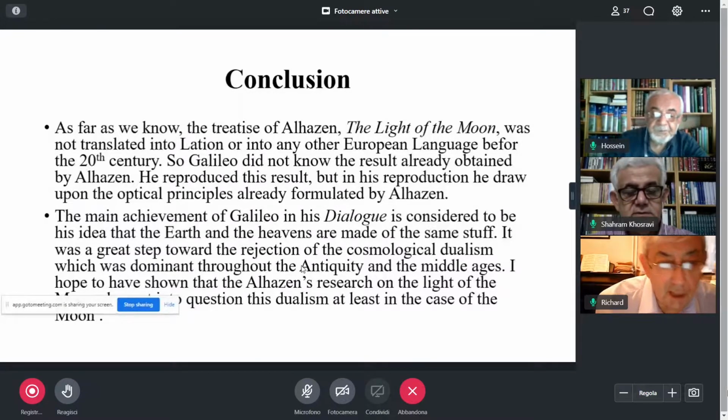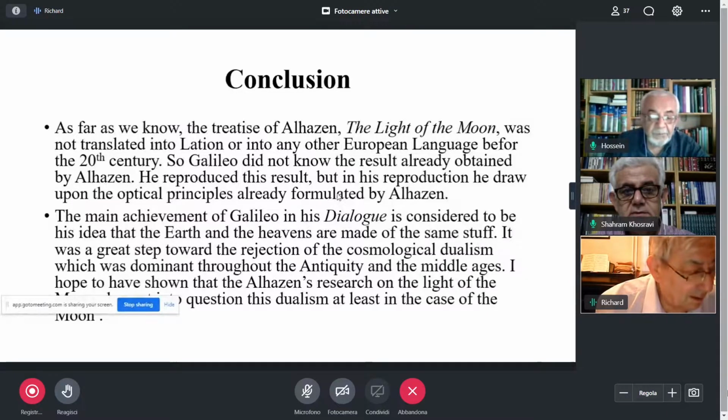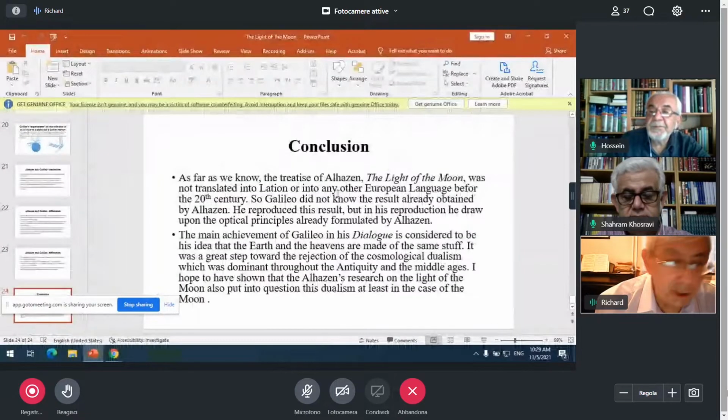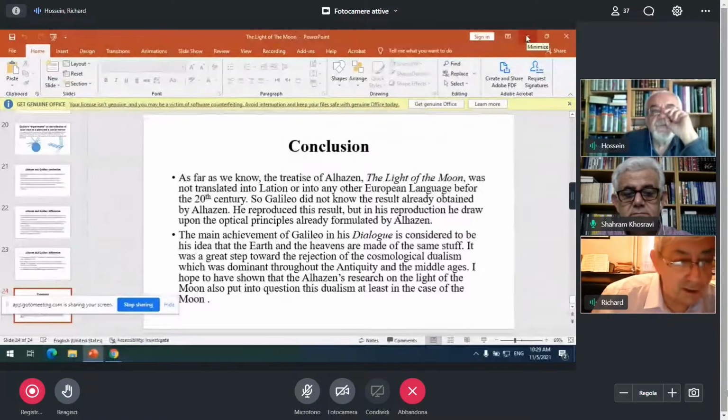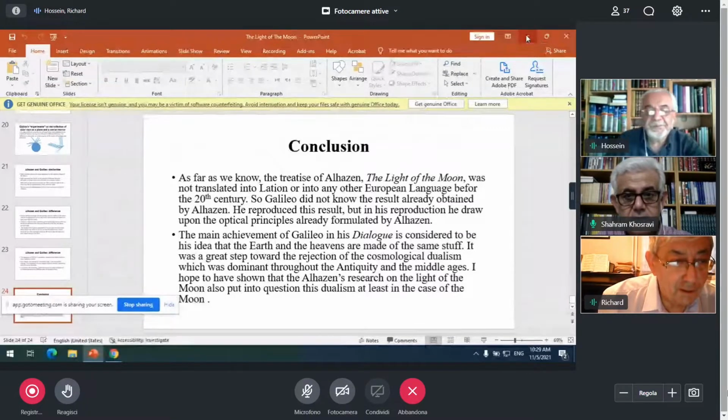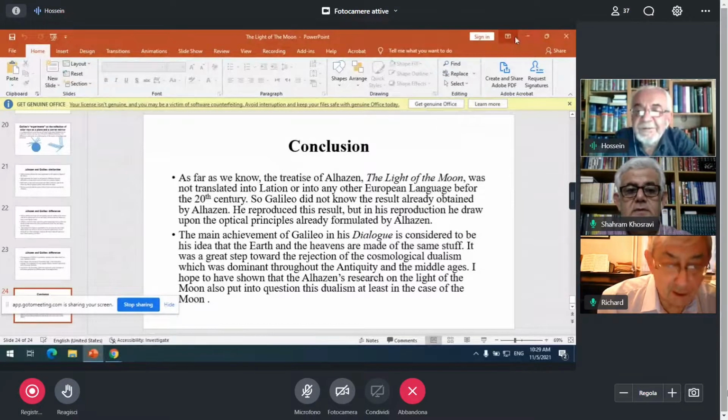May I just add that this principle by al-Haytham later on is called Huygens' principle, that every point of the body receiving the light starts to emit a spherical wave in all directions. Yes, it's very similar.